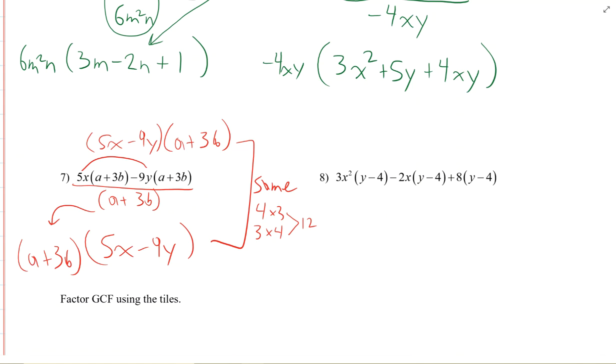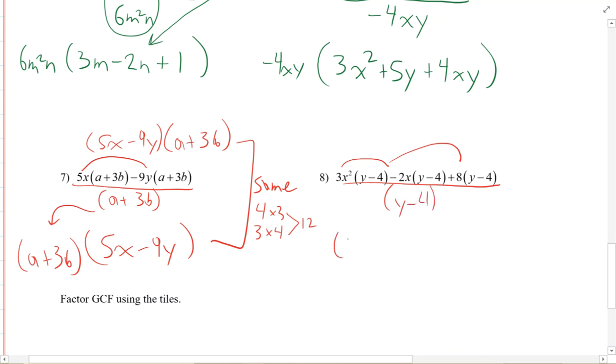All right. Next one. So now you have 3 terms all being divided by y minus 4. Okay, so we can go y minus 4, and the remainder is in brackets, 3x squared minus 2x plus 8.